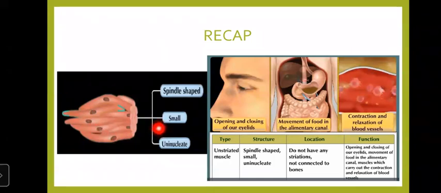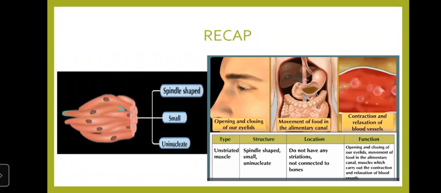Now, the smooth muscles are found in the internal organs of our body, like our digestive system, urinary bladder, reproductive system, and blood vessels. In all these internal organs, we have a lining of smooth muscles.